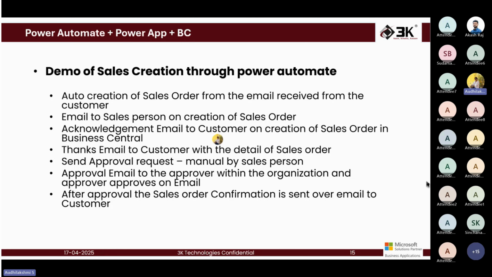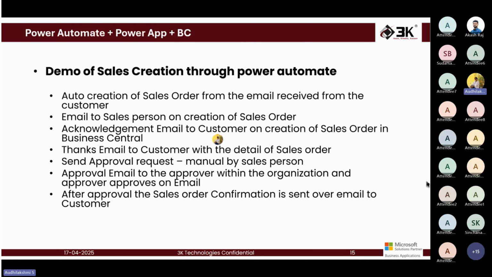Once the email is received at this email ID, my system, that is Power Automate, reads the email, sees what the attachment is and creates the sales order in my system, so that there will not be any salesperson who has to sit, look into the email, see what the customer has sent, and copy it to create a sales order. That will be automated through Power Automate.